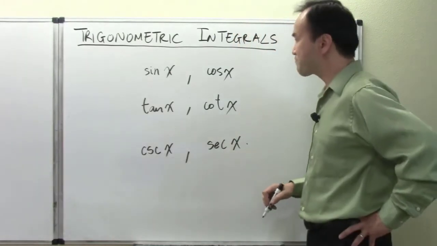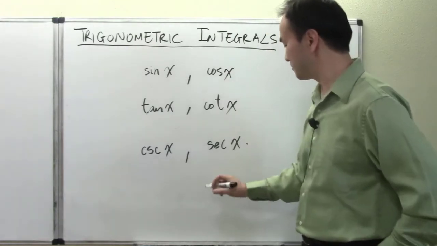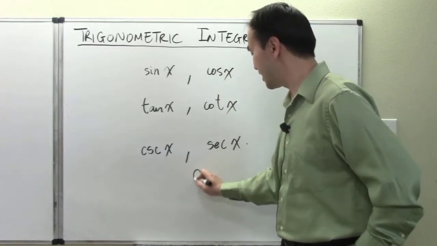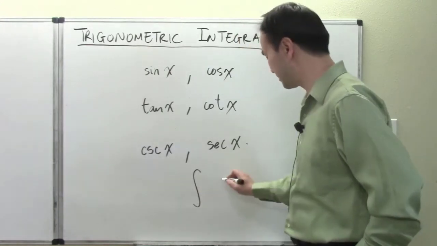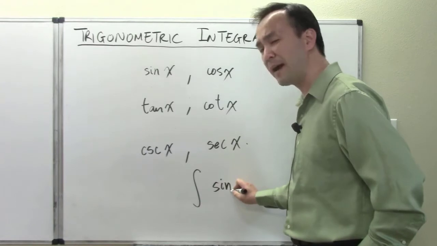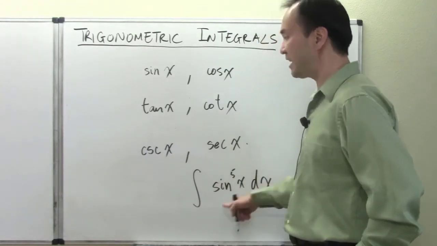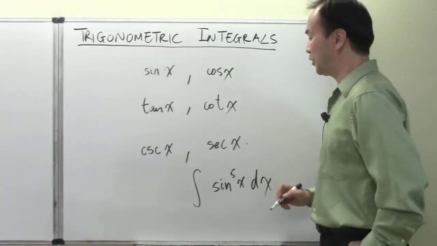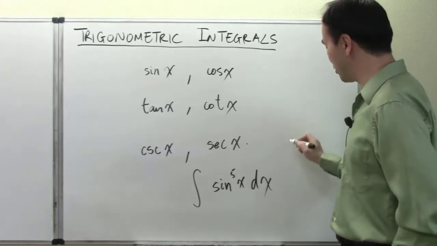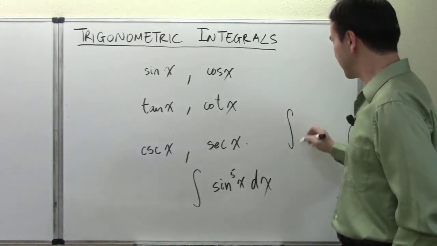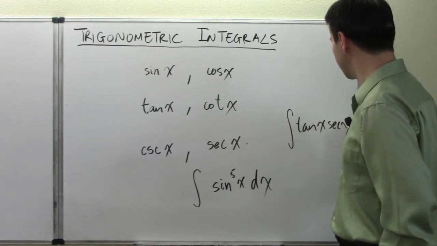Trig integrals are basically just integrals of any of these functions, and here I'm giving some quick demonstration examples. It could be a high power, like the fifth power of x. That is a trig integral. Or it could be among the trig integrals where we are working with tangent of x and secant of x.